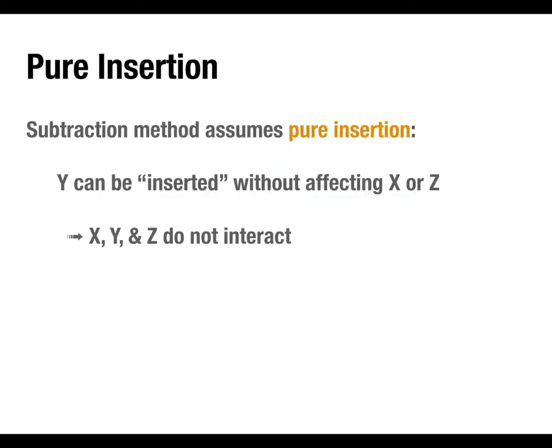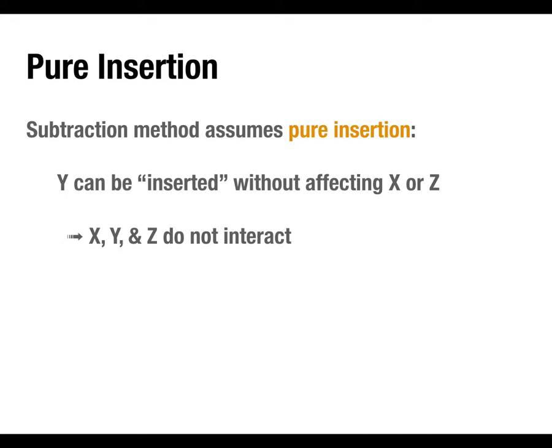Okay. So the one limitation of these additive factors designs is they assume that what your brain is doing between those conditions differs only in the ways that you think it does. Formally, this is something that Donders called pure insertion, which again is flowery language, but it basically says that when we insert Y, any changes we see in reaction times or brain activation are due directly to Y, and they don't affect X or Z, which are the pre-existing processes.